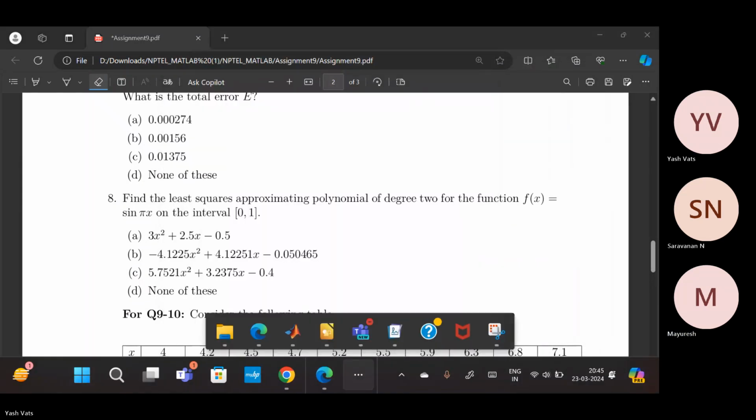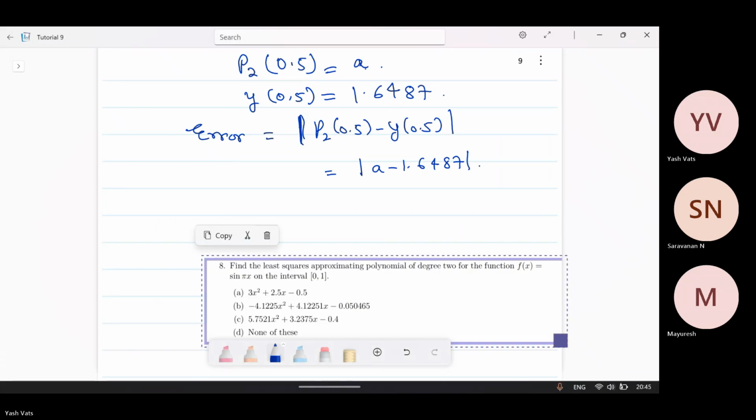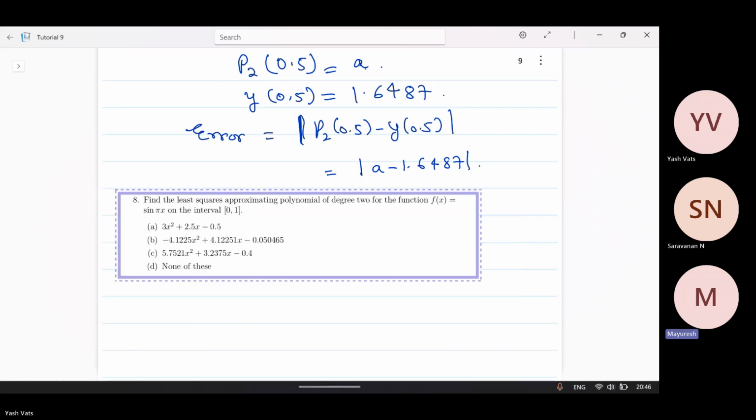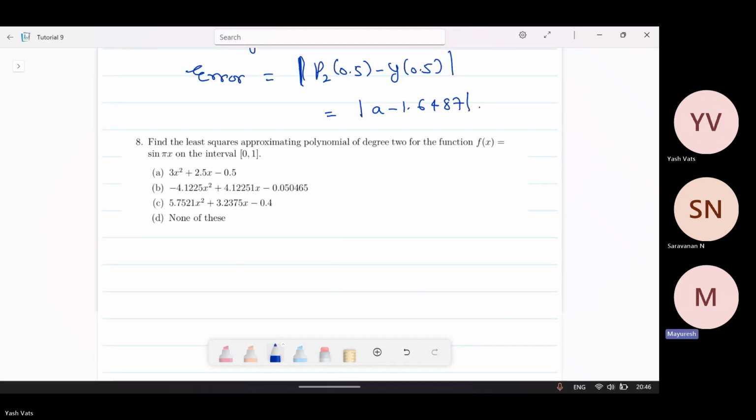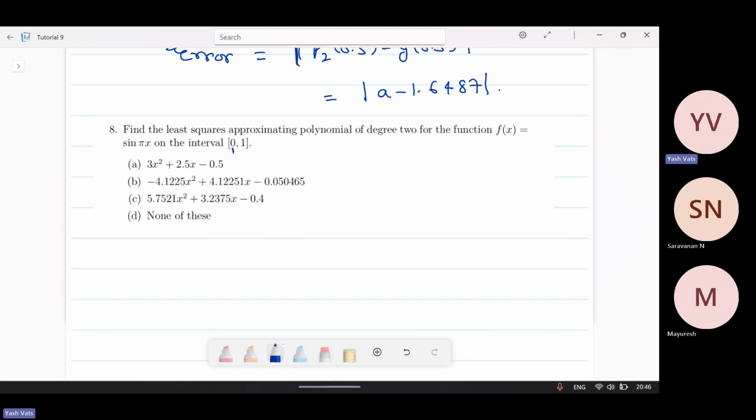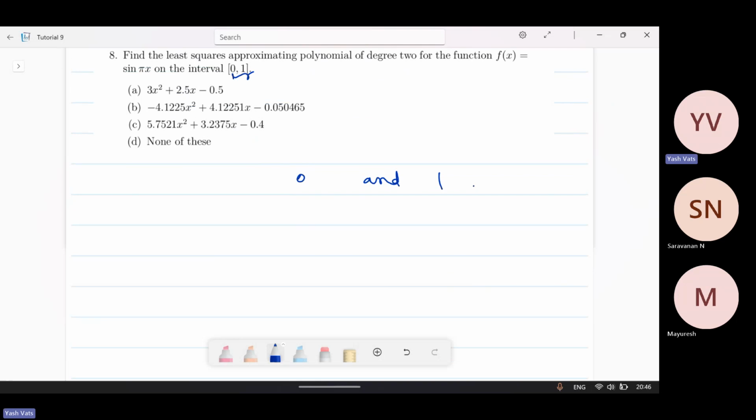Only 2 points we take, 0 and 1. So x is basically 0, 1, right? And y is sine pi x. Sine pi 0 is 0. Sine pi 1 is sine pi, and that is 0, right?